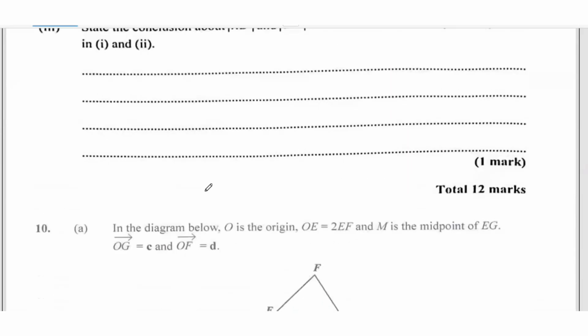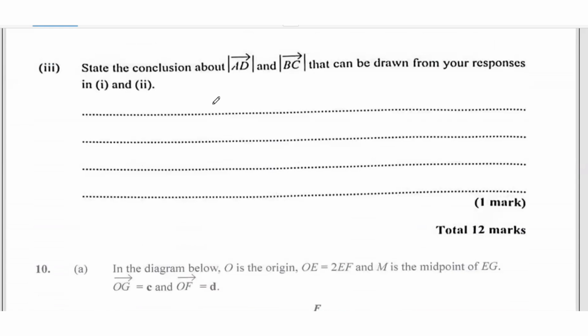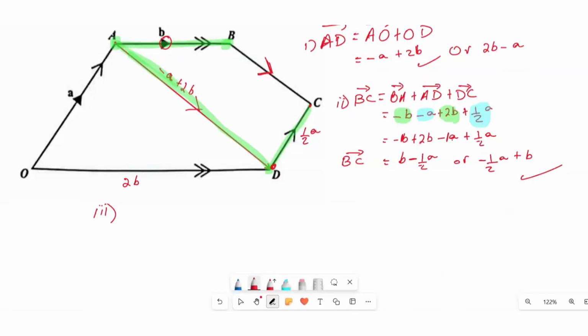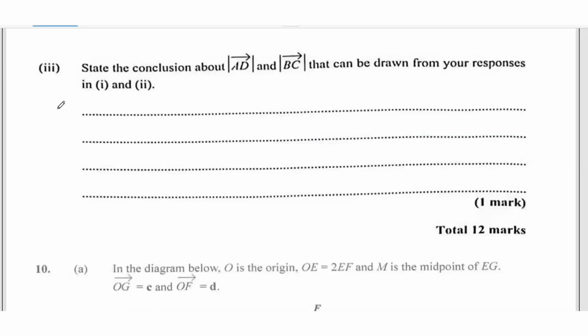Question 3 is saying here, state the conclusion that can be drawn from AD and BC, okay? So let's take a look at what BC is, all right? So let me write them down.